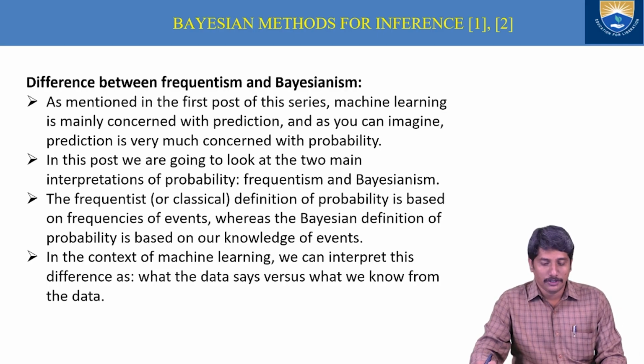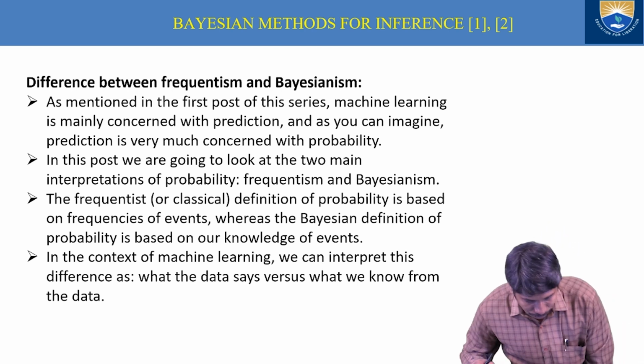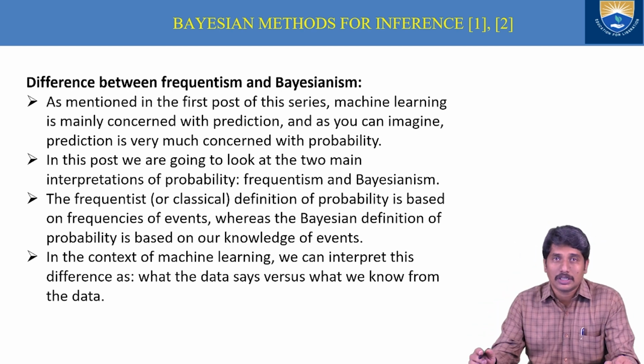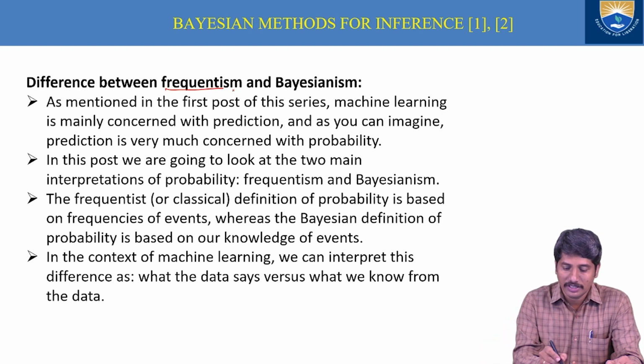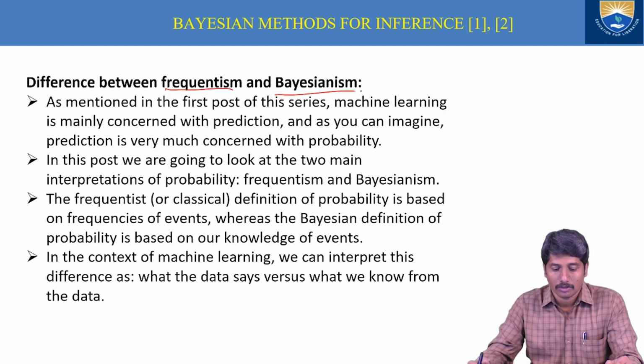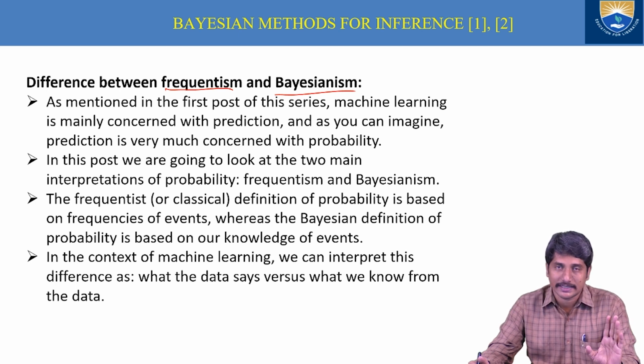So first and foremost, before going to the Bayesian methods for inference, we'd like to start by understanding the difference between frequentism and Bayesianism. Generally we have two approaches in assessing or expecting something that is going to happen.